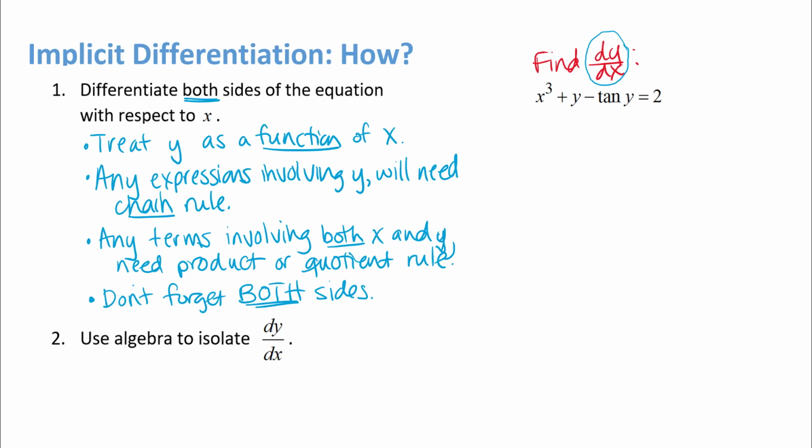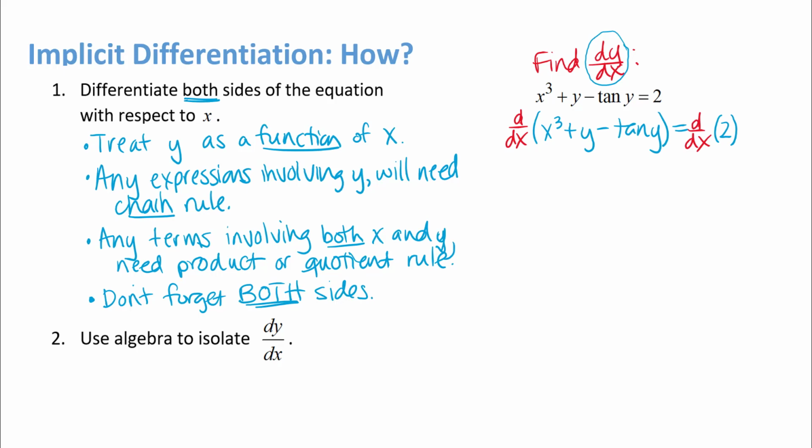So I still need to find dy dx. For whatever reason, I might be interested in a slope of a tangent line or an instantaneous rate of change, and so we're going to use implicit differentiation. Okay, so first main step is differentiate both sides of the equation with respect to x. So I'm going to write this differential operator d dx of both sides.